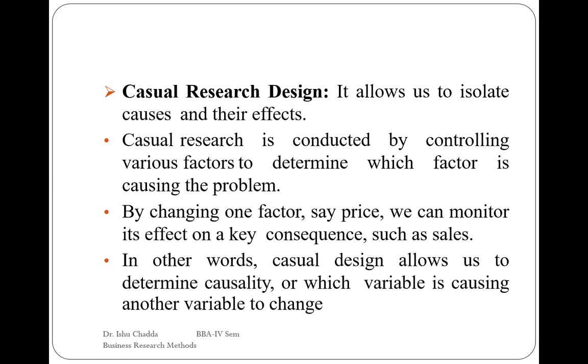In other words, causal research design allows us to determine causality, or which variable is causing another variable to change. Causal research design always depends upon a linear variable relationship. If there is a change in one variable, certainly the second variable will also show some change, whether in a positive or negative manner.